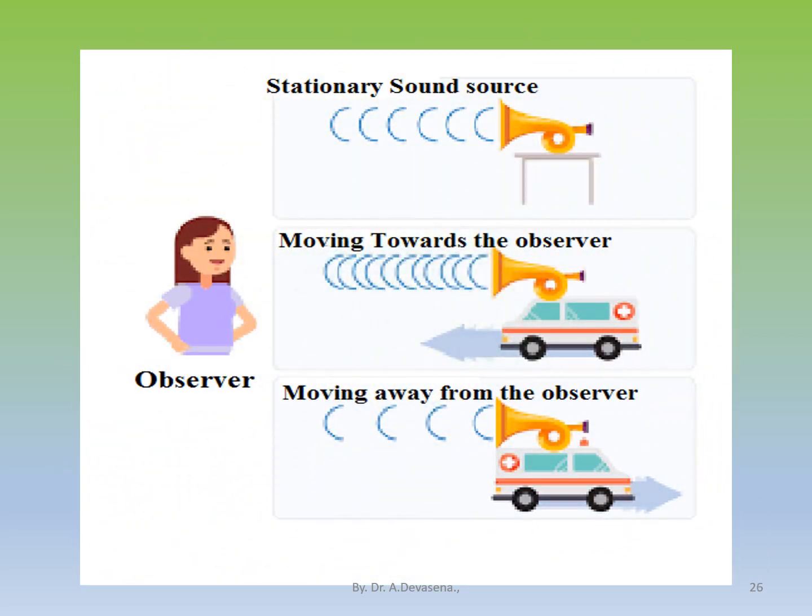Here is a representation of the observer is stationary, and we have three different source representations. Stationary sound source. The other thing is source moving towards the observer. The third one, the source moving away from the observer.